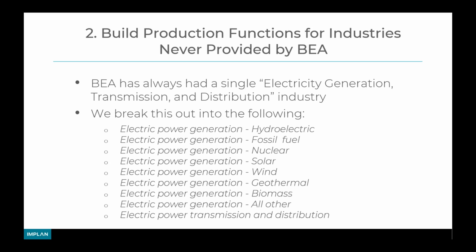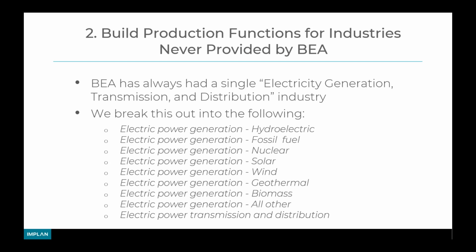As such, we break that single sector out into electricity power, transmission, and distribution as one sector, and then hydroelectric, fossil fuel, nuclear, solar, wind, geothermal, biomass, and all other electric power generation. To do this, we use several tables from the Energy Information Administration, National Renewable Energy Laboratories, and International Energy Agency.